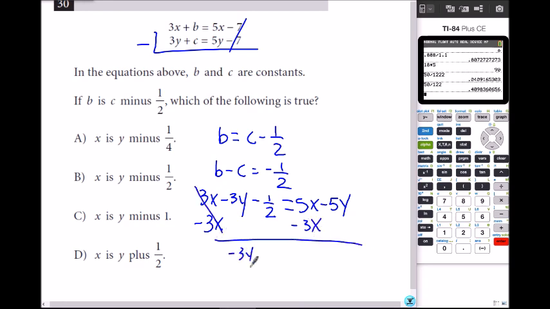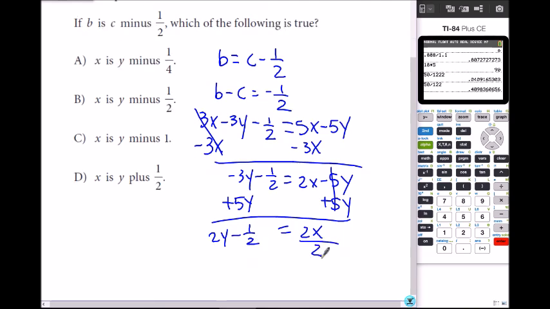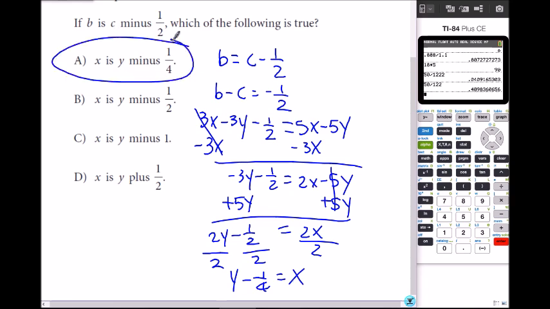So negative 3Y minus 1/2 equals 2X minus 5Y. Add 5Y to solve for X. I get 2X equals 2Y minus 1/2. To solve for X, you divide by 2. So you get Y minus 1/4 equals X. So X equals Y minus 1/4, so it is 8.